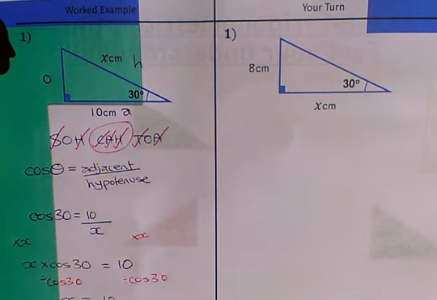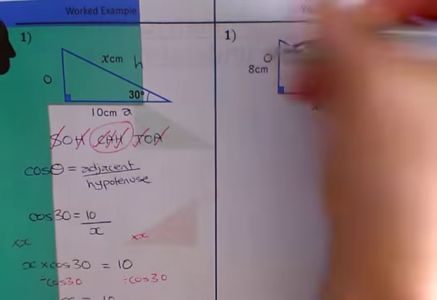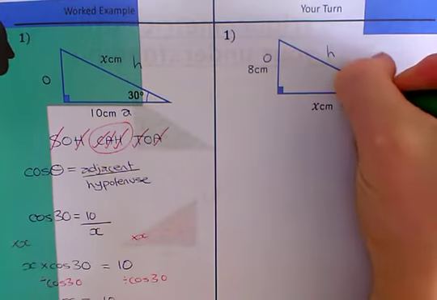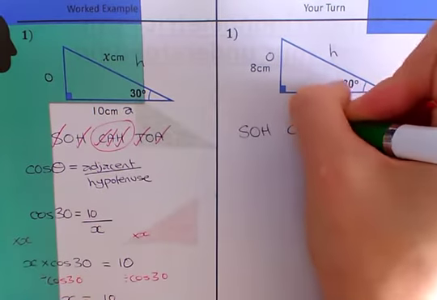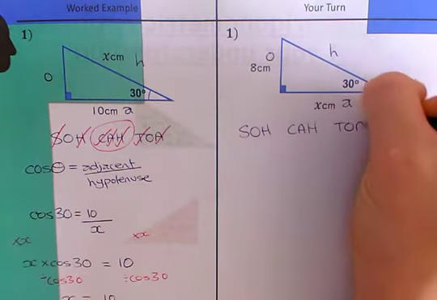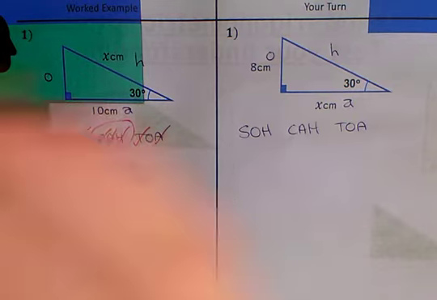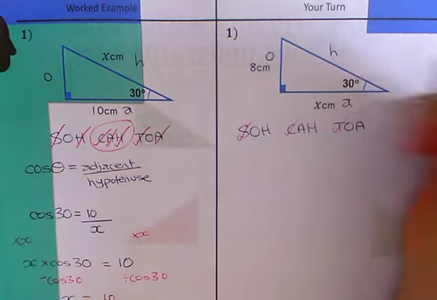Okay, so hopefully you've had time to have a go at that one there. So again, first thing we'll do is label the triangle. So we've got the opposite, the hypotenuse and the adjacent. Write out SOHCAHTOA and tick off what we know. We know the angle, so we can tick off sine, cos and tan.